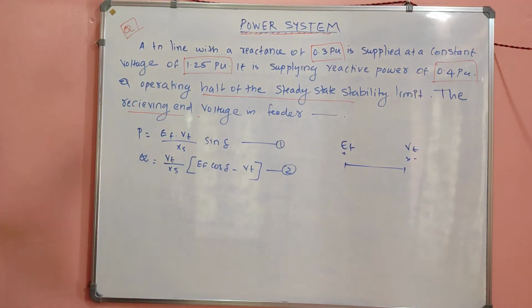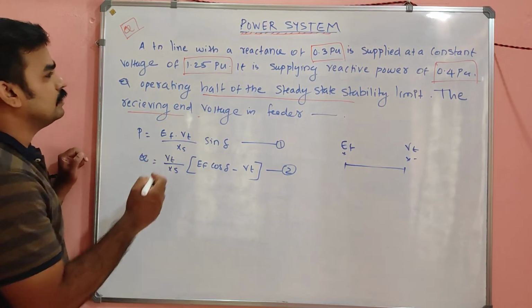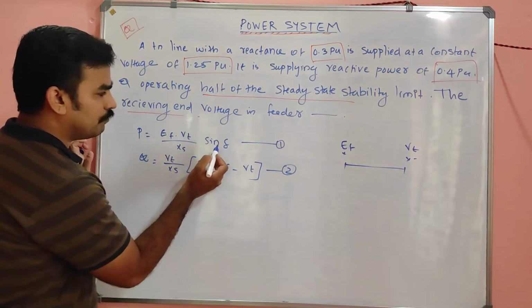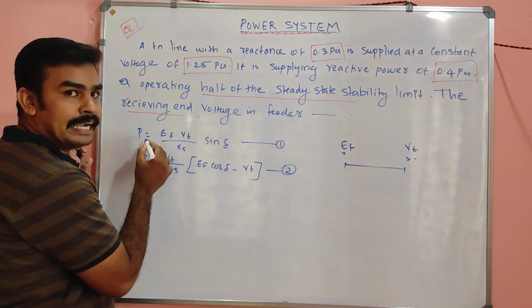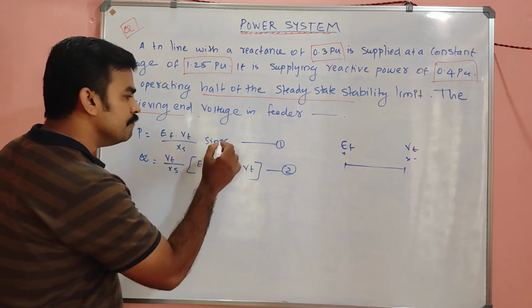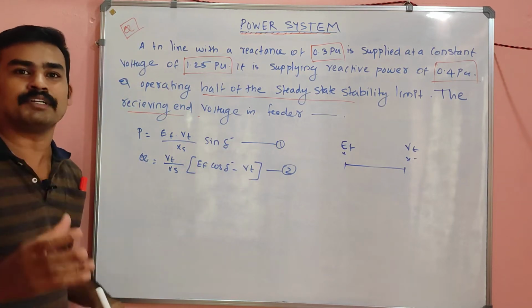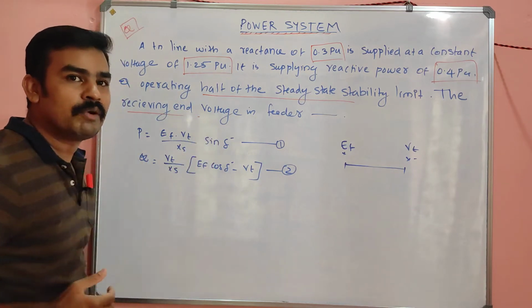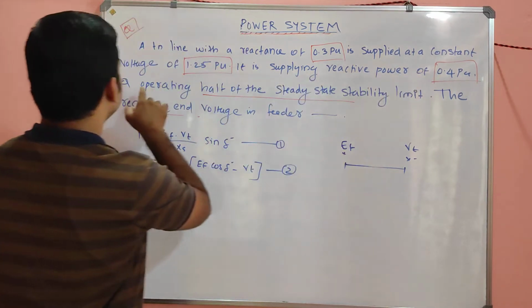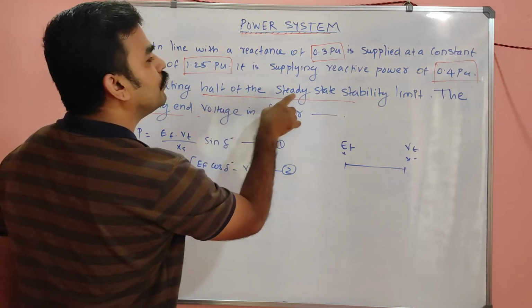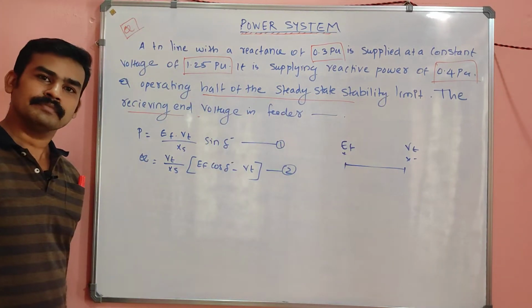Now my dears, for finding whether it is active or reactive power, we should have knowledge about delta, that is the load angle. How can we find the load angle? For that they are giving that it is operating at half of the steady state stability limit.